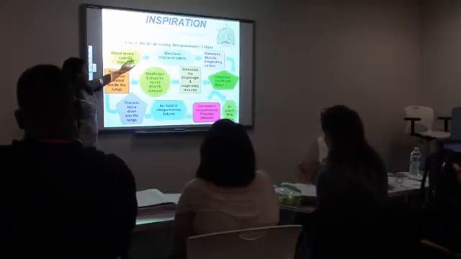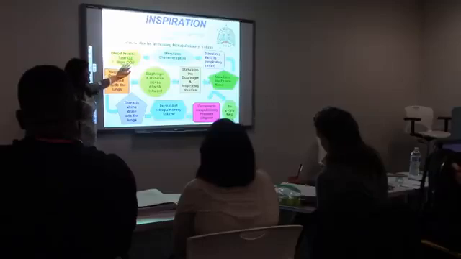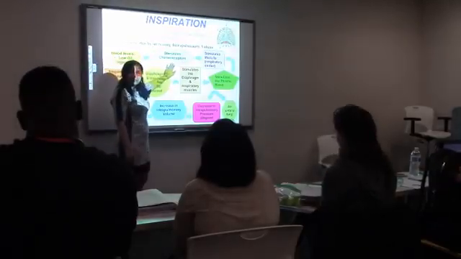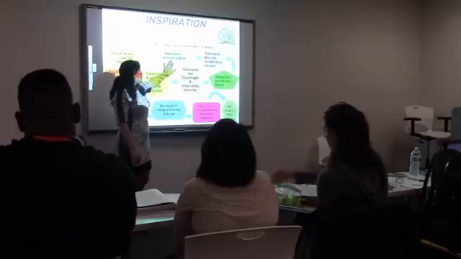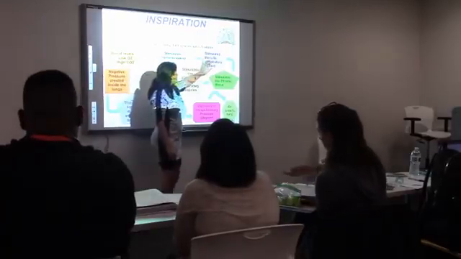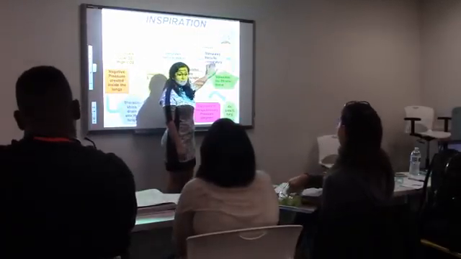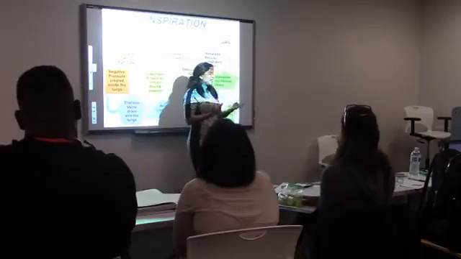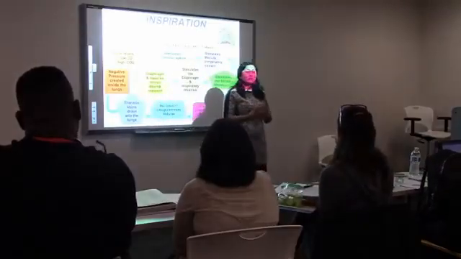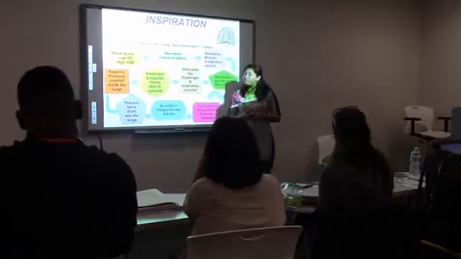When your blood is low in oxygen but high in carbon dioxide, that tends to stimulate your chemoreceptors. When your chemoreceptors get stimulated, it stimulates your medulla oblongata. Why the medulla oblongata? Because that's where the respiratory center is located.